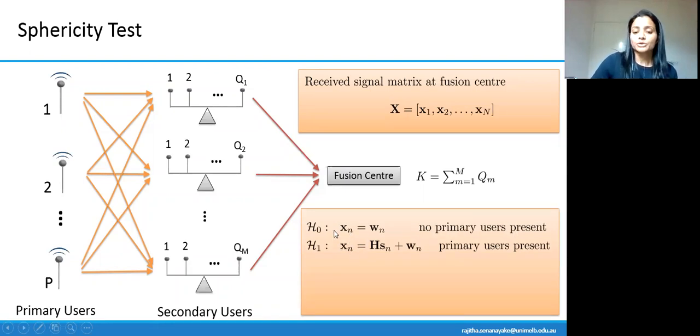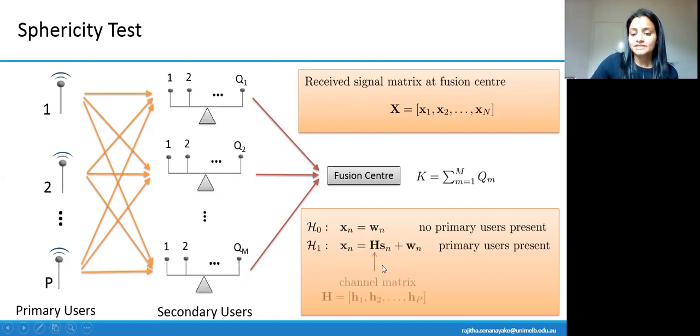When there are no primary users present in the network, this nth column is simply noise, because when there are no primary users in the network, all I receive is simply noise. So this omega n is my noise vector. But under the alternative hypothesis, when there are primary users in the network, apart from this noise vector, I also get this term, which corresponds to the signals transmitted by the primary users.